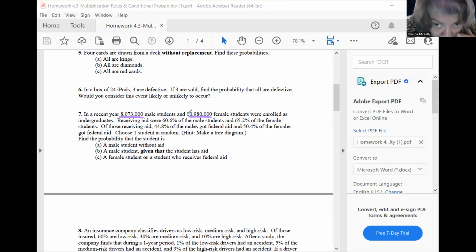Okay, I would highly suggest that you make these two groups percentages of the total. So we know how many students we have. We're going to add up these two numbers, and then we're going to find this in terms of percentages. Okay, so this is what we're going to do.